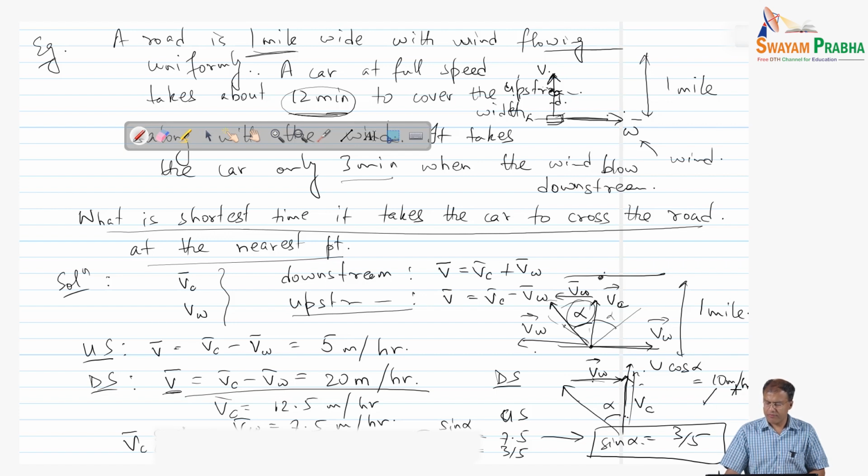That means 6 minutes to cover 1 mile, so the shortest time it takes for the car to cover 1 mile is 6 minutes.